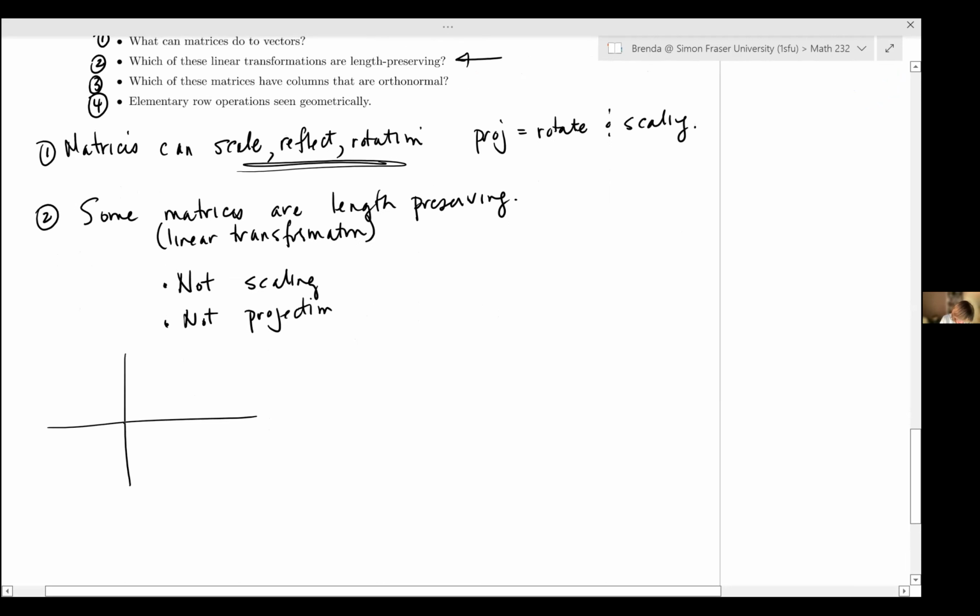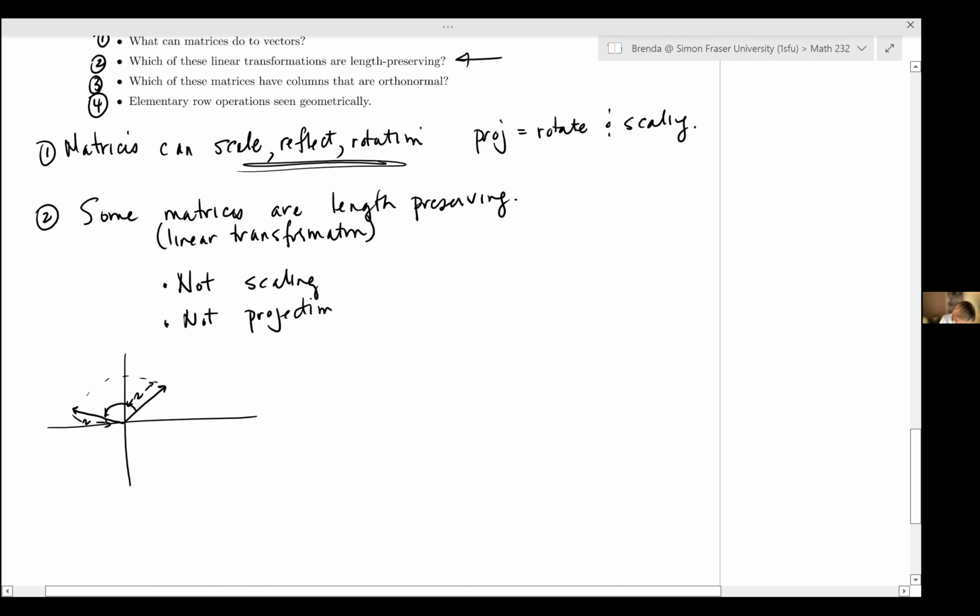But let's take a look at the ones that are length preserving. For example, rotating. I have a vector here. Maybe it has a length of 2, like that. And I rotate it by some amount, over here like that. To the best of my drawing ability, I've rotated this around and I have not changed the length. So this is still of length 2.